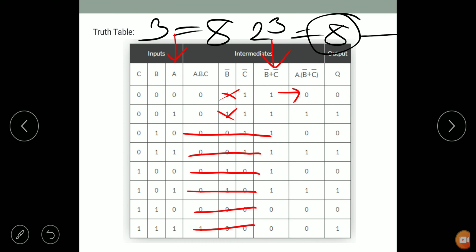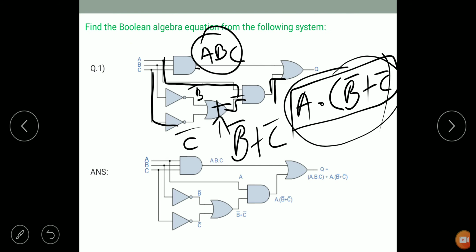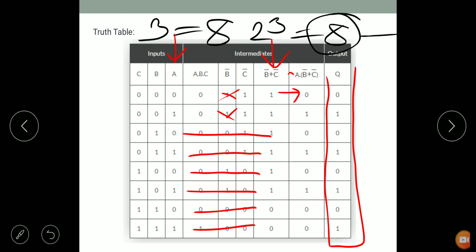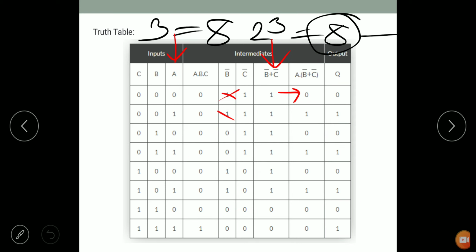So we get this column, and the last output is nothing but the plus sign of both. Plus sign of both means we simply take the addition of these two last columns.